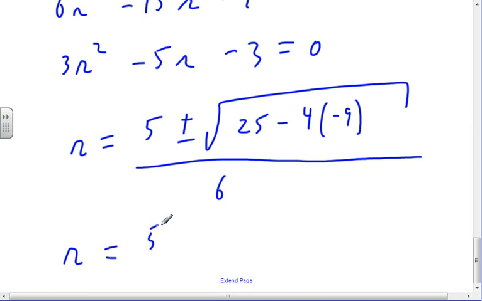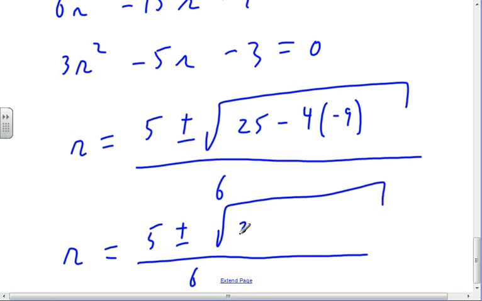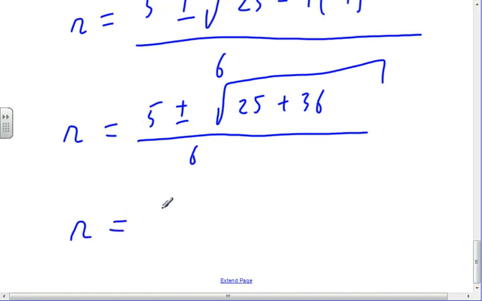So r is going to be 5 plus or minus the square root of 25 plus 36, divided by 6. 5 plus or minus the square root of 61 over 6. I find that hard to believe. Do you guys, anybody out there find that hard to believe? I knew I shouldn't have started with that one.